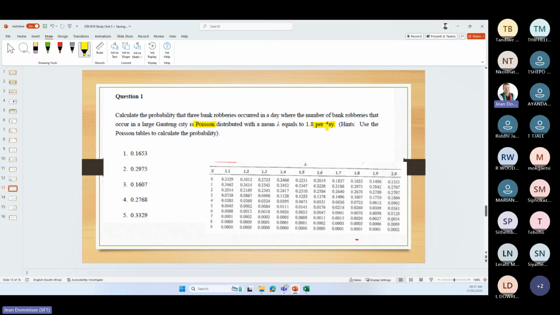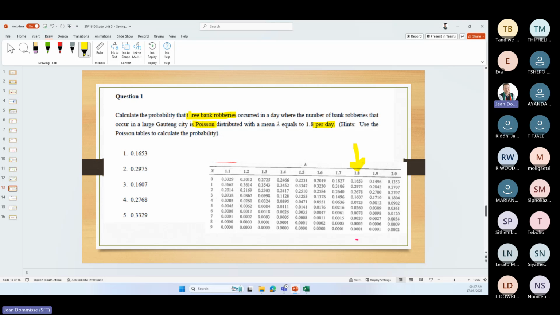That's the difference between Poisson and binomial distribution, a timing factor comes in. Okay, so here they tell us to calculate the probability that 3 bank robberies occur in a day, where the number of bank robberies in a larger city is distributed with a mean equal to 1.8. So here we've got the 1.8.